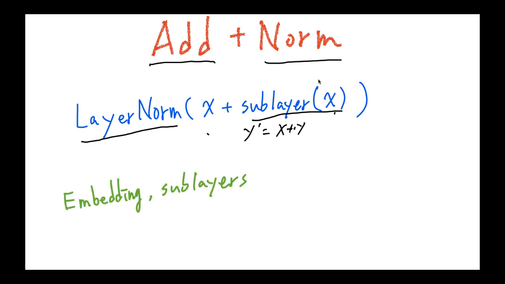And because you're doing the addition for your layer output and the original input, if you want to do addition, then your dimensions must be the same. So that's why they set the input dimension and output dimension of all sublayers to be the same.